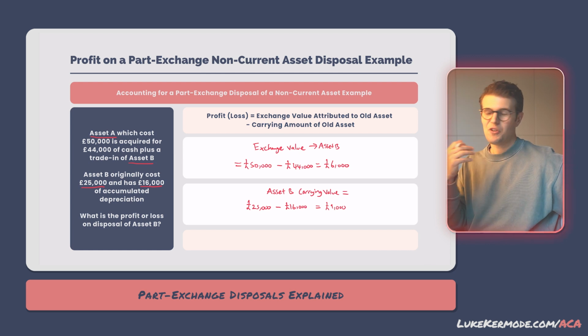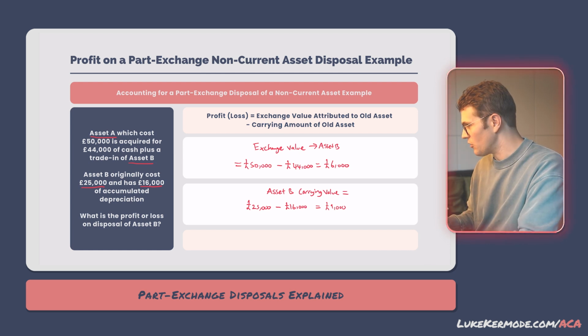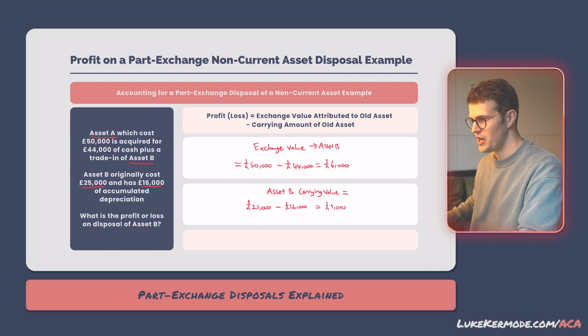And finally, to calculate the profit or loss on the disposal, we apply our earlier formula. So profit or loss equals the exchange value less the carrying amount. So in this case, the exchange value is £6,000, the carrying amount is £9,000.